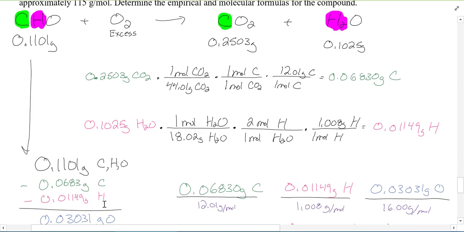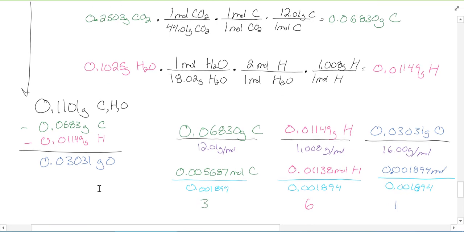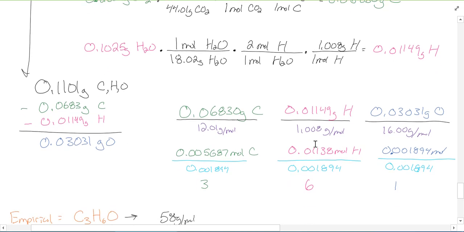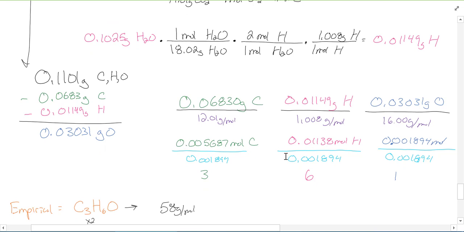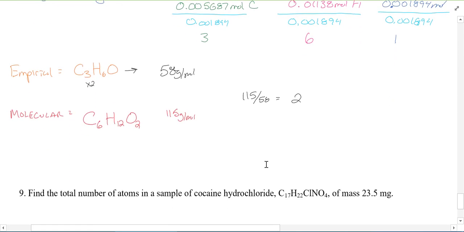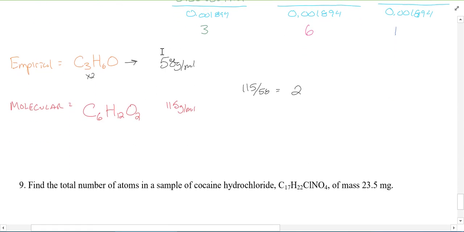Subtracted the carbon and hydrogen from the original amount with carbon, hydrogen, oxygen. Only oxygen is left. So now I have grams of oxygen, grams of carbon, grams of hydrogen. Converted them to moles. Divided by the smallest, got a whole number ratio, 3 6 1. Found the molar mass of that empirical formula and figured that 2 of them need to make up the molecular, so I took my empirical times 2 to get the molecular. That's it.